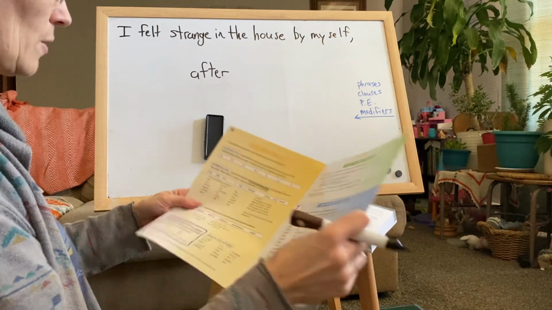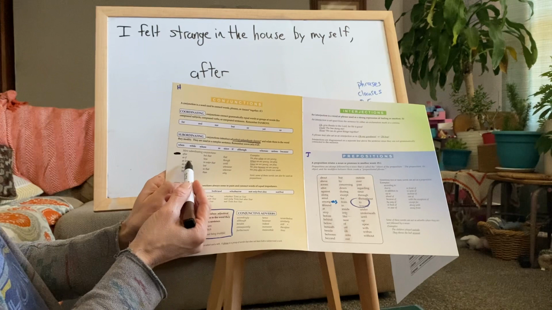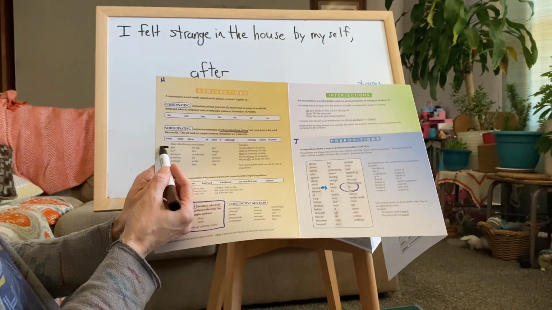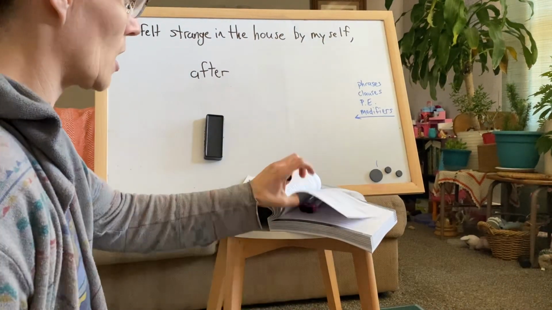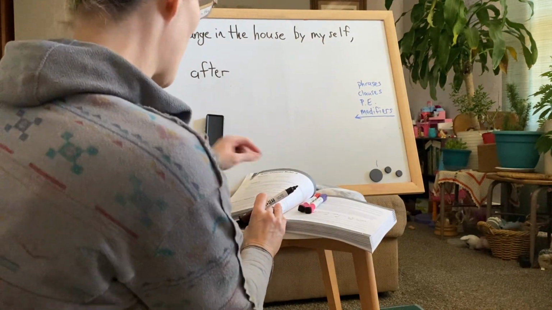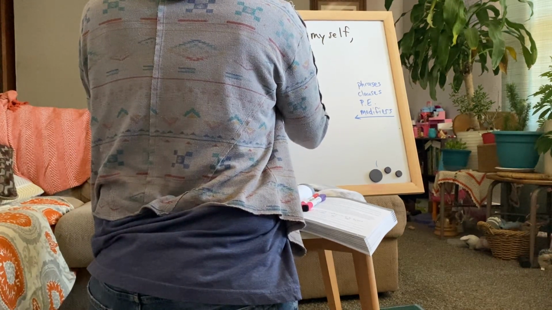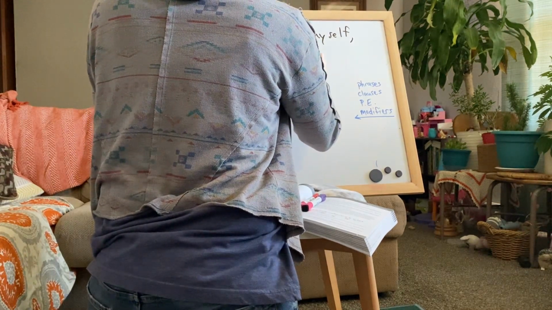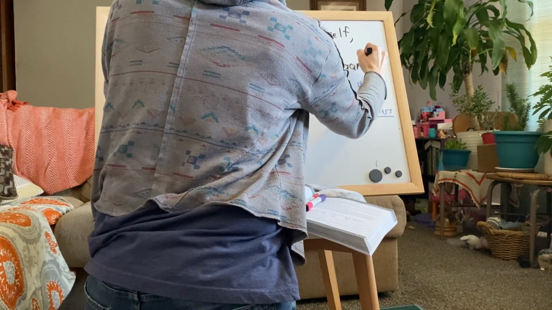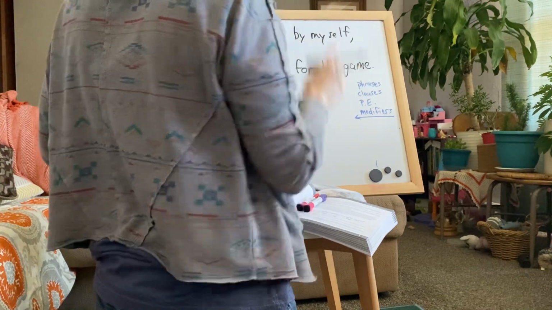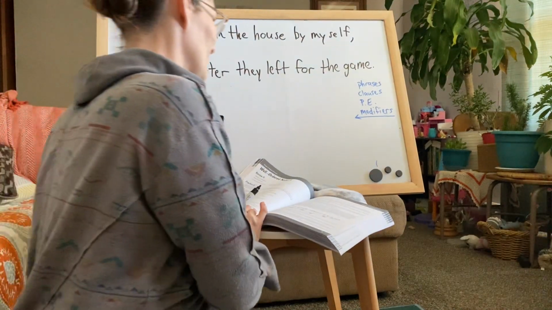It's not one of the main ones, but here it is: after, as if, as long as, as soon as. So I know that this is going to introduce a subordinate clause. After they left for the game. After they left, ding, ding, ding, for the game. Left. Oh, ding, ding, for the game. All right. Had a lot of alarms going off.